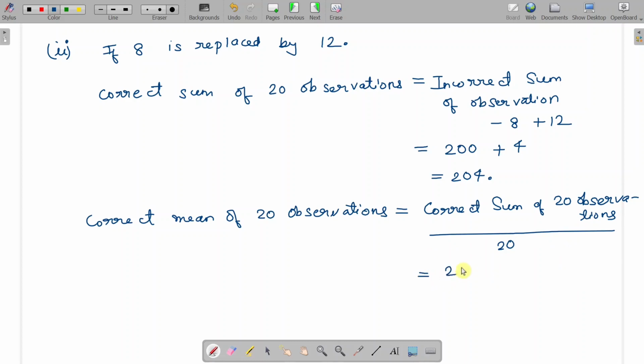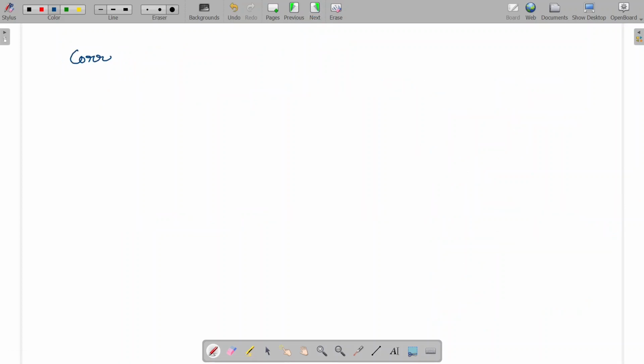So 204 divided by 20, that means 20.4 divided by 2, so that means 10.2. Okay, this is the correct mean of 20 observations. Now let us find out the correct standard deviation of 20 observations.